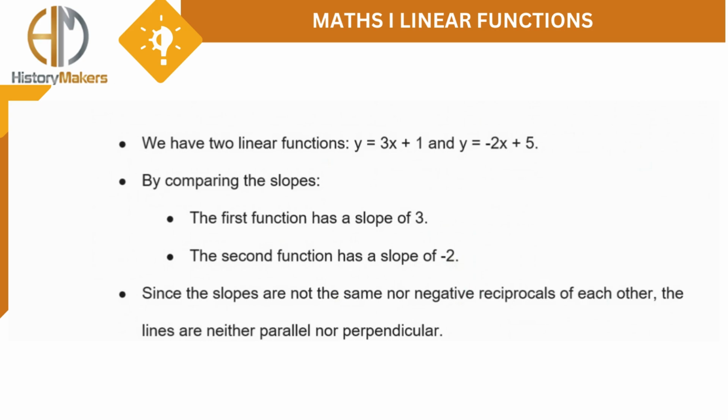So when the lines are parallel, the slopes are equal. And when the lines are perpendicular, the slopes, when you multiply them, have to give you negative 1.